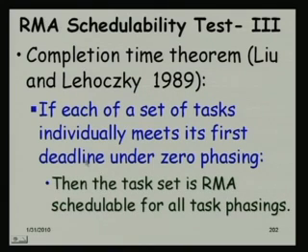If every task meets its first deadline under 0 phasing, then the task set will be schedulable. Do not look any further; as long as it meets the first deadline, the task set will be schedulable. But what is the reasoning behind this theorem?